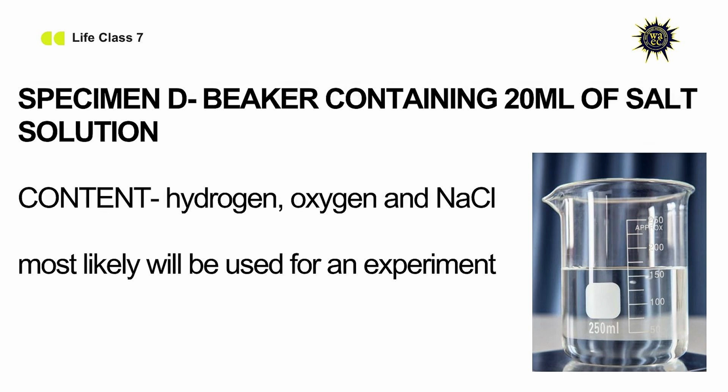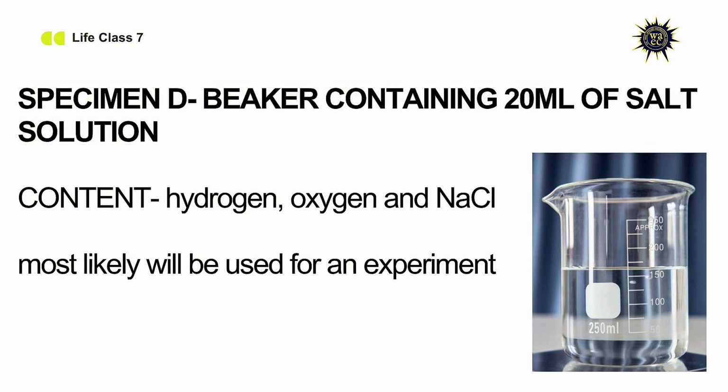Now, there are some things that are supposed to be here that are not here. So I have ruled out osmosis. Also, if we had things like potassium permanganate, I would have said we would use it for diffusion. But just have in mind that this particular specimen is most likely going to be used in an experiment.